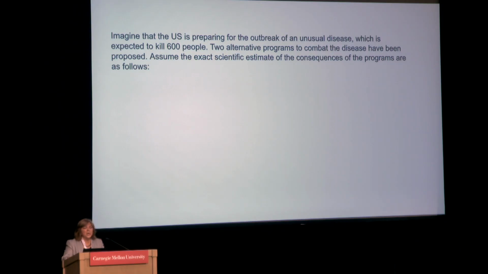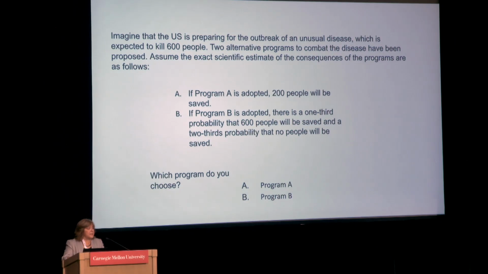And there are two alternative programs here. Program A, if it is adopted, 200 people will be saved. In Program B, if it is adopted, there is a 1/3 probability that 600 people will be saved, and a 2/3 probability that no people will be saved. And then, this is the example of prospect theory type of problems. So then people are asked, which program would you choose?